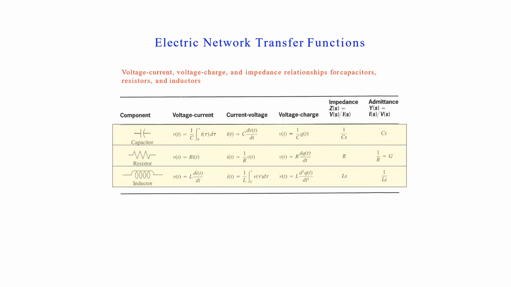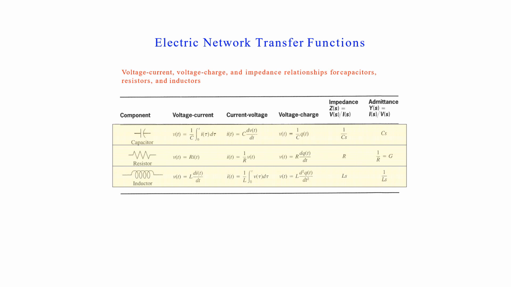In the remaining of this lecture and the next few lectures, we will formally apply the transfer function to model different physical systems. So firstly, we will find the transfer function of electrical networks. You are familiar with the table which represents the voltage-current, current-voltage, and voltage-charge relationship of different passive electric components like capacitor, resistor, and inductor.